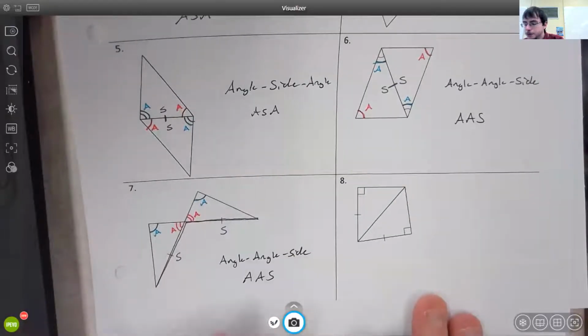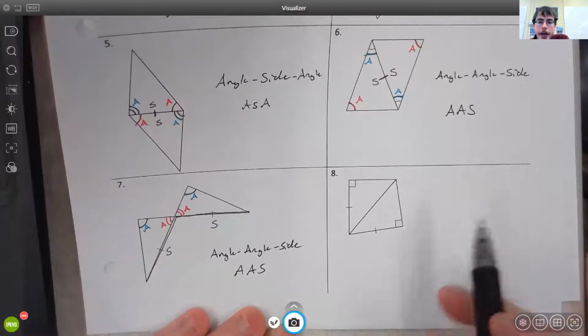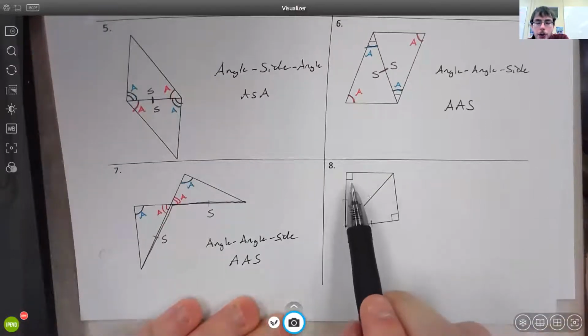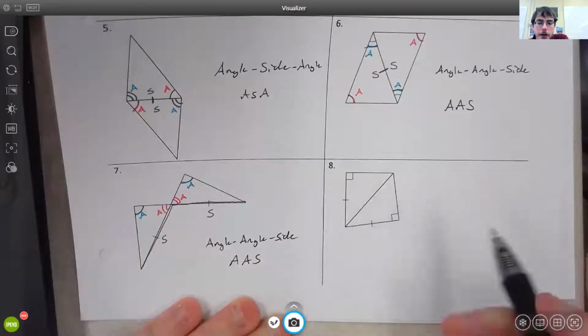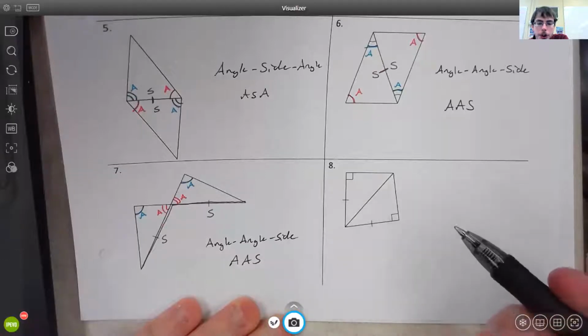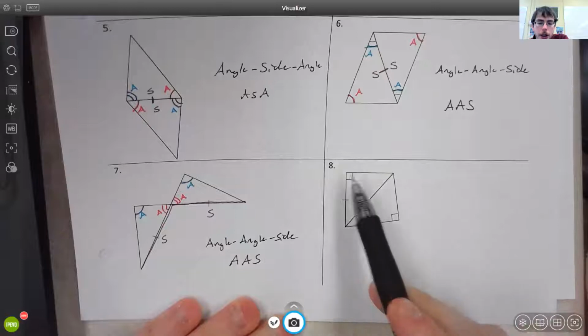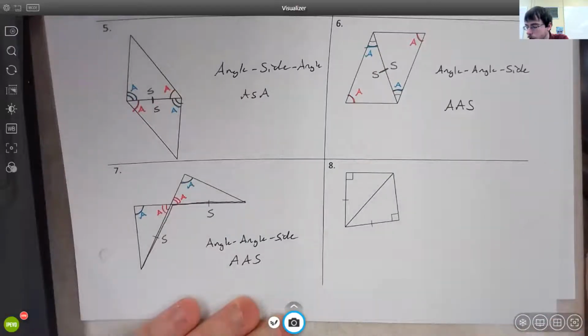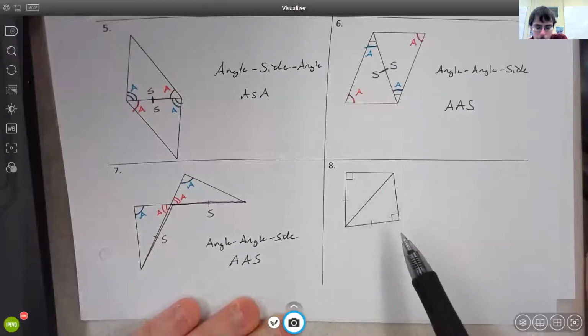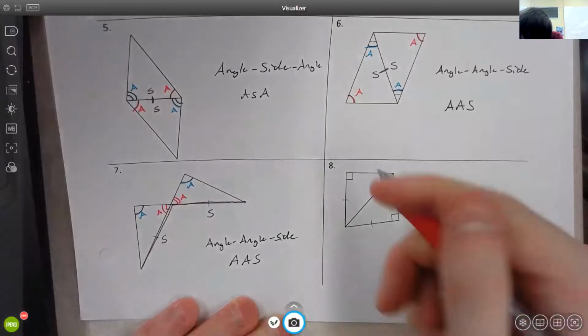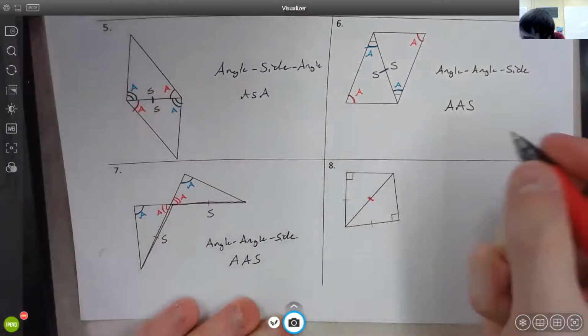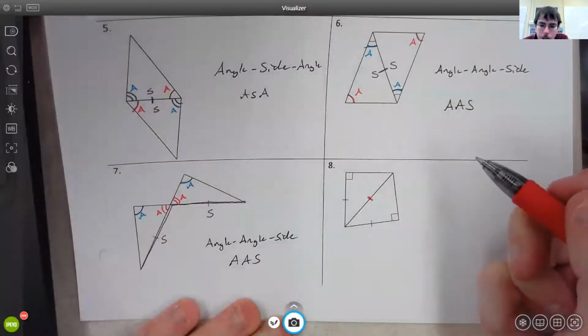Number eight, we have what looks to be two right triangles. Now we have to see if we have a hypotenuse leg situation or if it's something else. Well, we only have one angle here that's congruent, right? So if anything, it would have to be side angle side. But if we look here, we have this shared side here. Is that a hypotenuse or is it a leg?